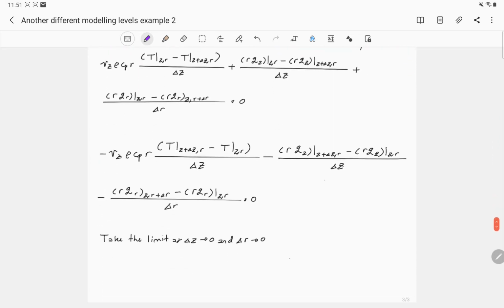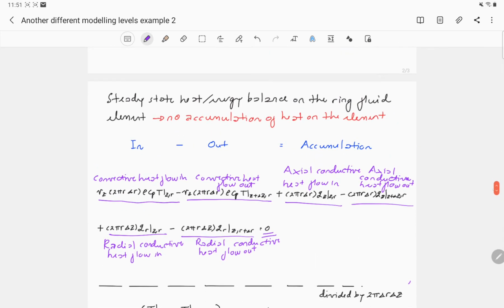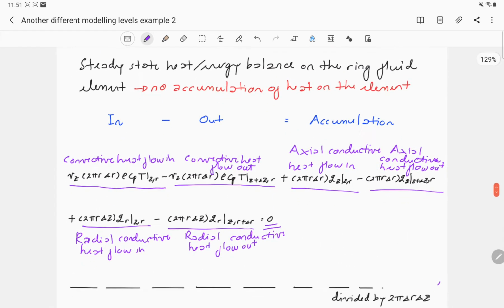So based on those particular figures, we can go and figure out the terms. That will be the velocity multiplied by the area. So again, for this conductive heat flow in, if you go back to the original shell elements like this, so this will be the ring shell element.